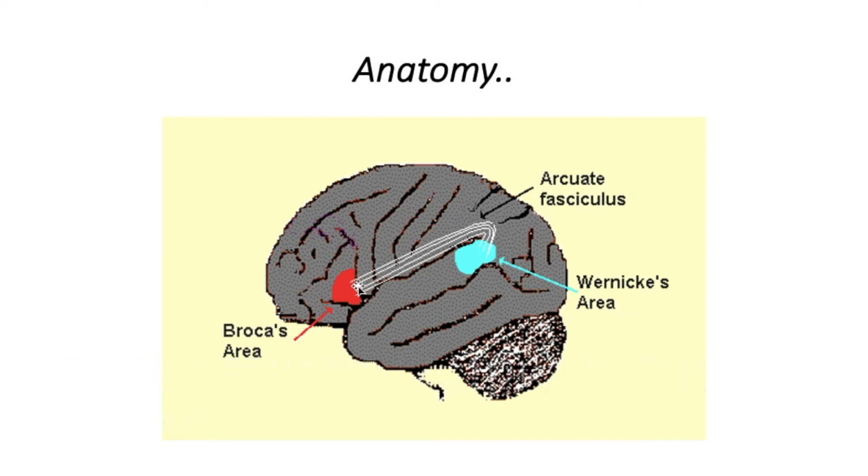And finally, there are neural pathways linking the Broca's area and the Wernicke's area, known as the arcuate fasciculus. This links the two areas to communicate for comprehension and the production of speech. If it's affected, it's known as conduction aphasia.